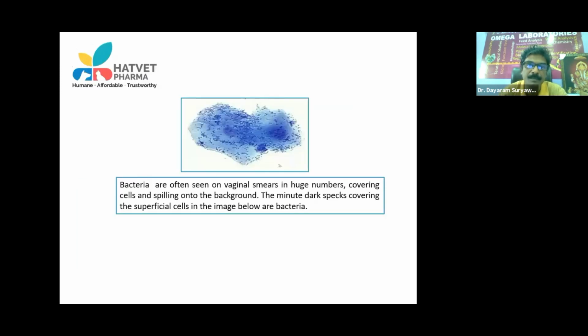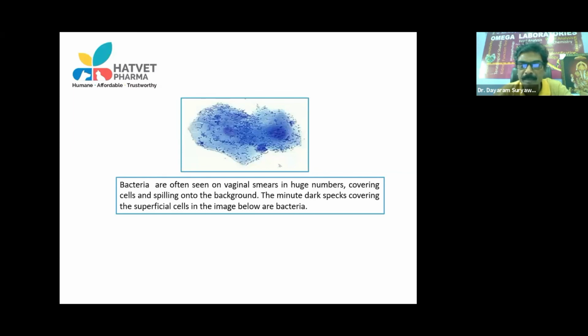Then bacteria are often seen on the vaginal smear in huge numbers, covering the cells, then spilling onto the background, and the minute dark specks covering the superficial cells in the image given here. These types of cells can be observed during the estrus phase, and generally the bacteria come into the picture because during estrus the blood is there, and because of that blood, some environmental bacteria can proliferate or multiply in the vaginal passage.